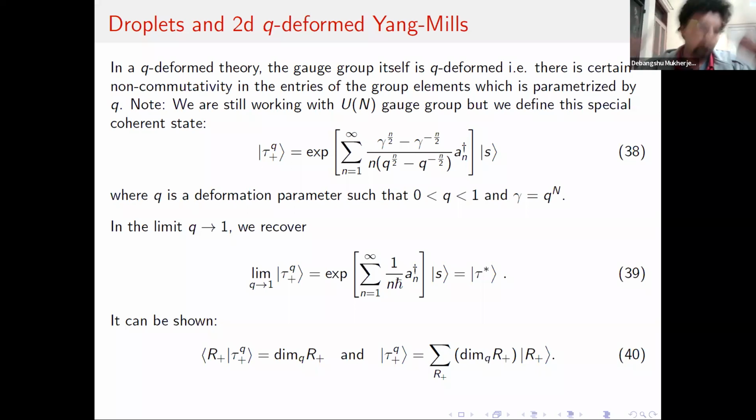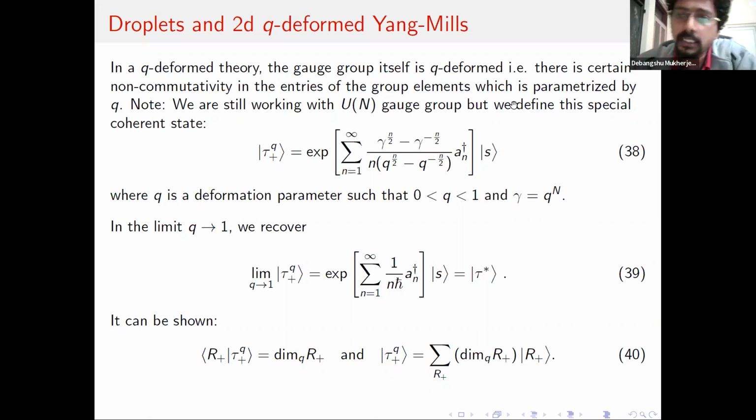So take for example SU(2)_q. Essentially what it means is that instead of following the standard rules, your matrix elements of SU do not commute nicely, and the non-commutativity is encapsulated in this parameter q.